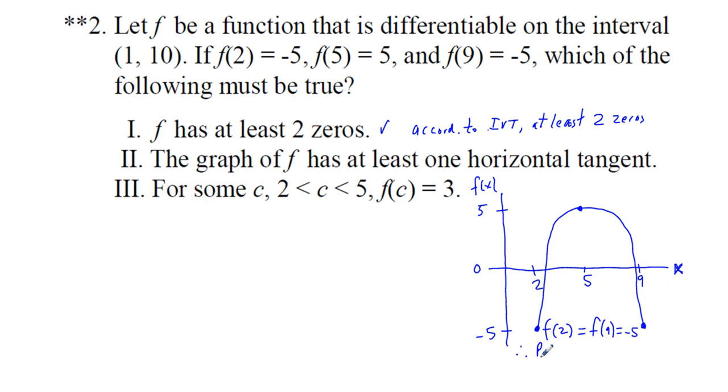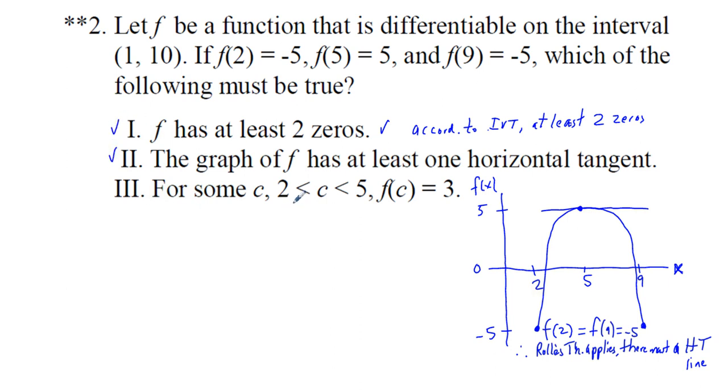Therefore, Rolle's theorem applies, which means there must be at least one horizontal tangent line, which graphically would occur up here somewhere. I'm drawing this horizontal line. So that's a check also. So 1 and 2 are checked.